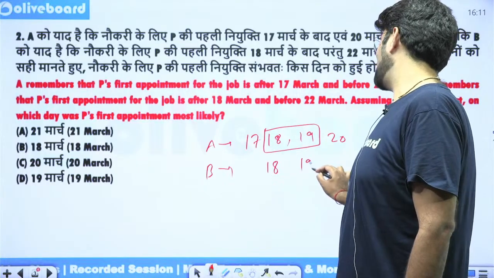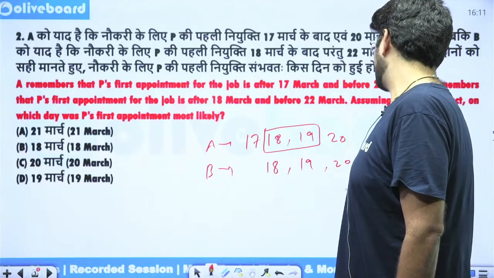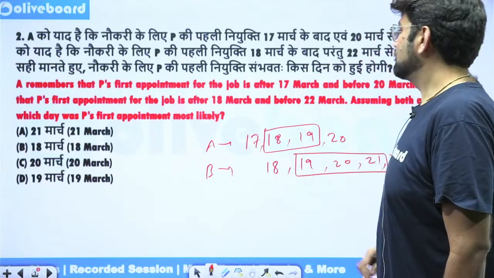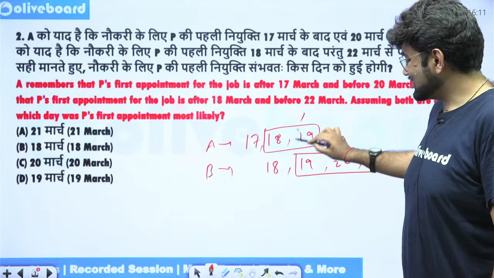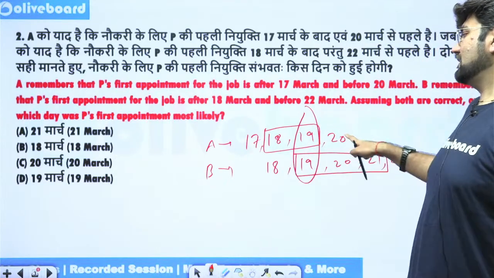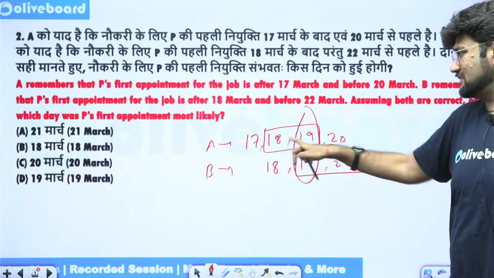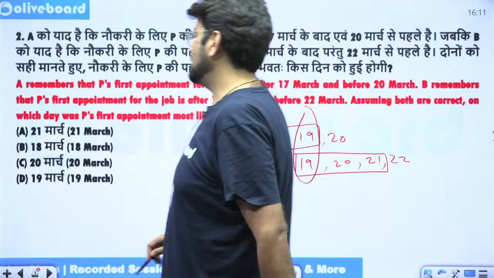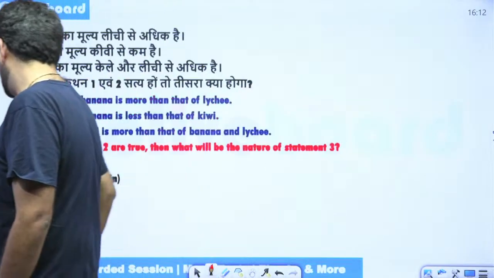What are the possible options? 19, 20, 21. Assuming both are correct, on which day was P's first appointment most likely? So most likely it was on the day which is common among both. Now a lot of people will say 20th. Whenever you say between, you will never count this. It will always be between, means it will be either of these 2 days, either of these 3 days. So 19th is the common one. 19th March is always the correct answer. A few people will get confused with 19th and 20th, but never go for that.